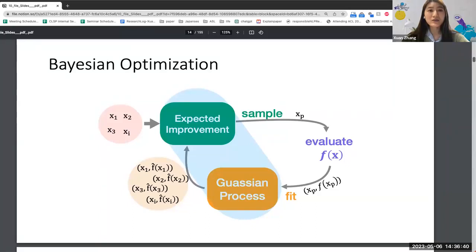For example, by using a Gaussian process as a surrogate model and expected improvement as acquisition function, we create Bayesian optimization. And in the upcoming slides, we'll delve deeper into the components of Bayesian optimization.